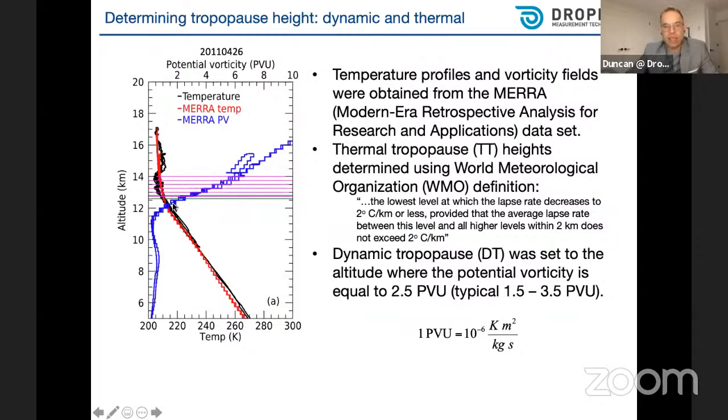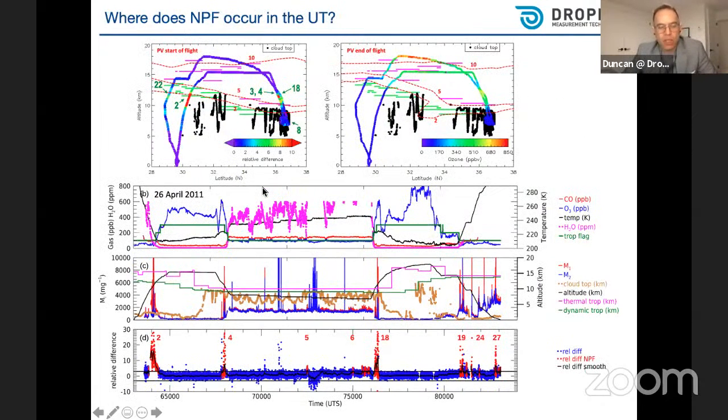And I indicate in green the occurrence of the thermal tropopause based on the WMO definition. And I indicate in magenta the occurrence of the dynamic tropopause using the PVU definition. And you see that they don't coincide, but they overlap. So this became quite important to understand the dynamics of the UTLS region.